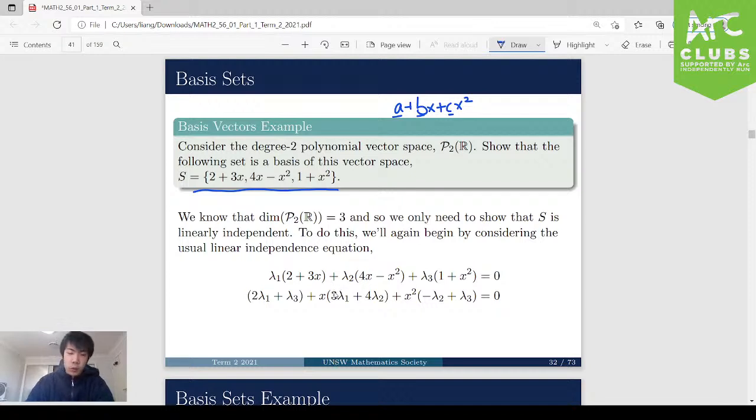So we set up the usual linear independence equation. Lambda 1 times the first element plus lambda 2 times the second element plus lambda 3 times the third element equal to 0. And we just have to show that lambda 1 equals lambda 2 equals lambda 3 equals 0. We group up all the constants, all the x terms and all the x squared terms, set it equal to 0, and then we form a matrix.